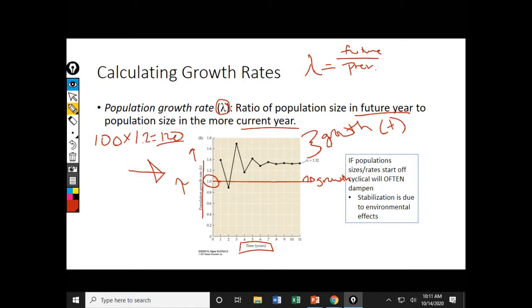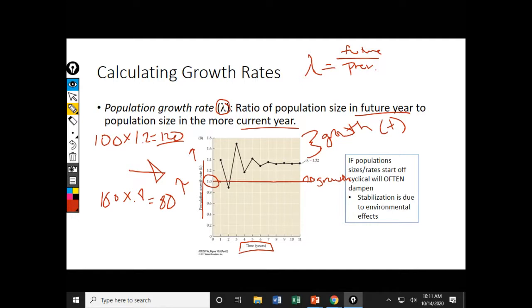Okay, by the very nature then, anything less than 1, so if I did 100 times 0.8, I get 80, right?